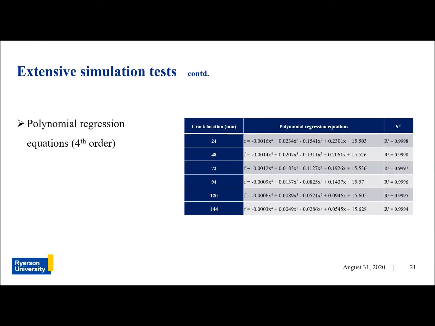Finally, using fourth-order polynomial regression equations applied on frequency data in the 2D plot representing frequency versus crack depth, the following expressions for frequency as a function of crack depth at different crack locations are derived and presented in this table.